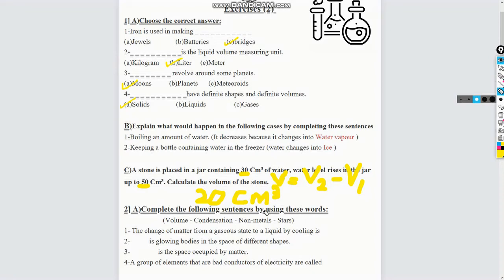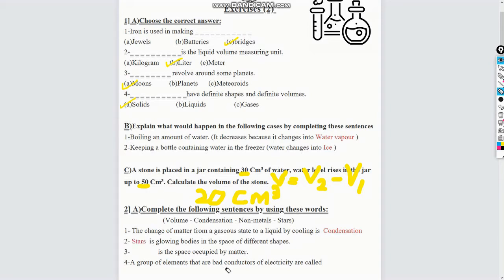Complete the following sentences by using these words. We have volume, condensation, nonmetals, and the stars. Let's begin. The change of matter from a gaseous state to a liquid by cooling is... Yes, condensation. What is glowing bodies in the space of different shapes?